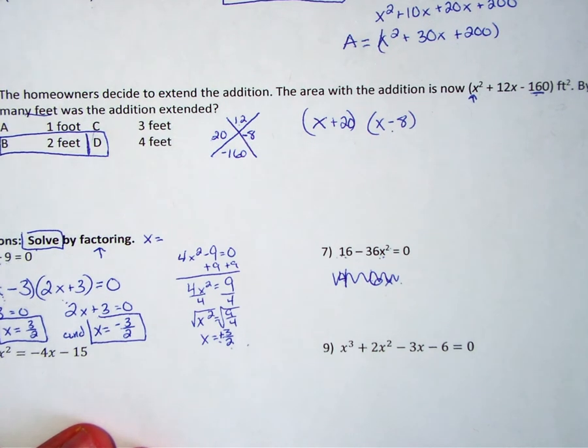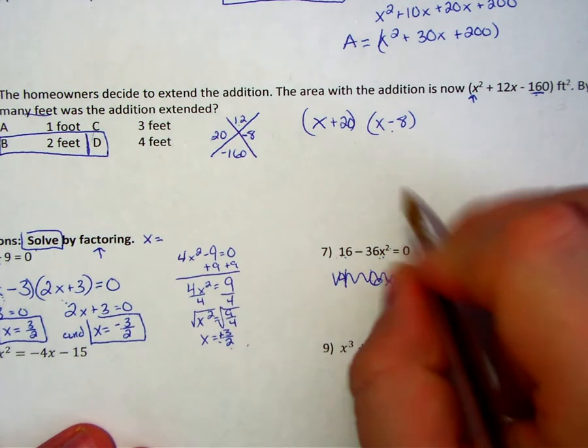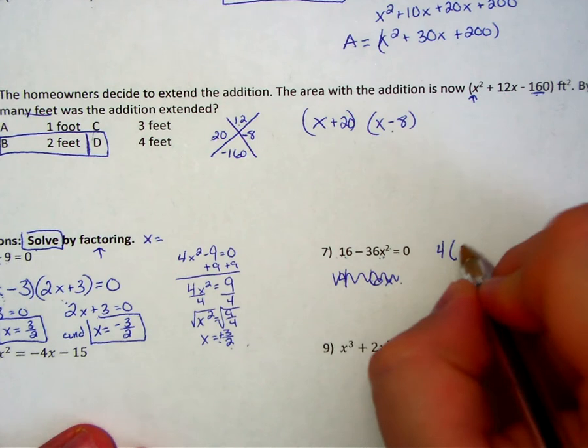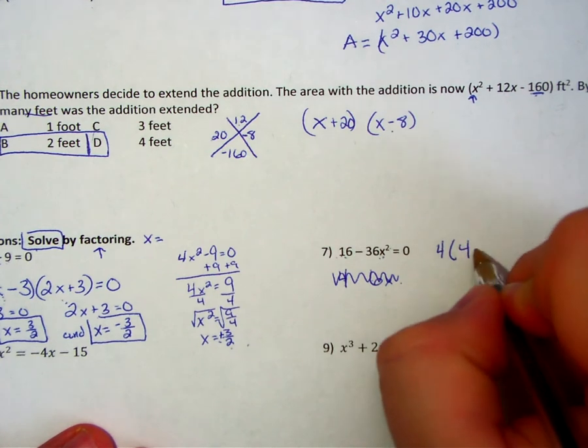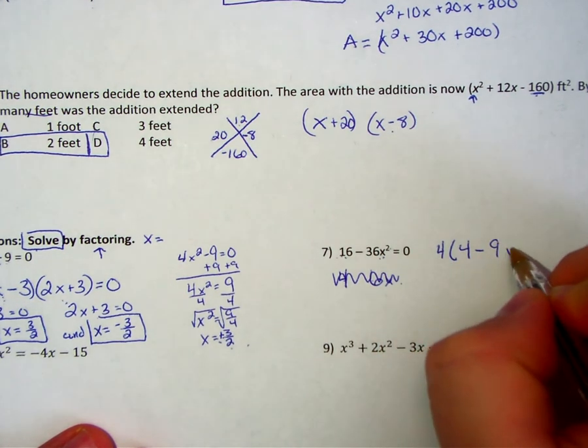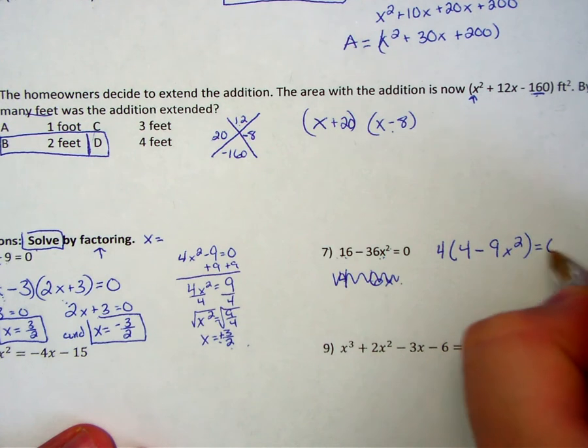So 36 and 16 appear to be divisible by 4. So let's go ahead and factor out a 4. 16 divided by 4 leaves me with 4, minus 36 divided by 4 gives me a 9, x squared equals 0.